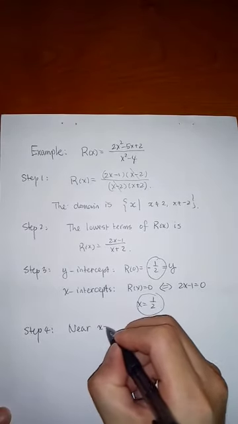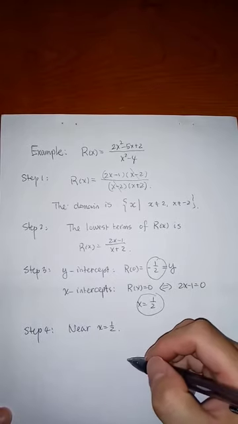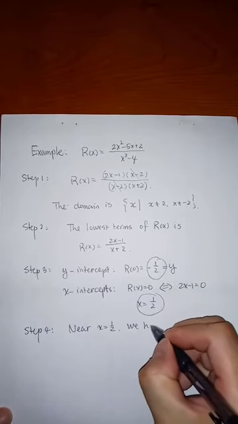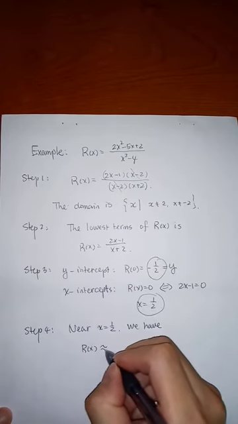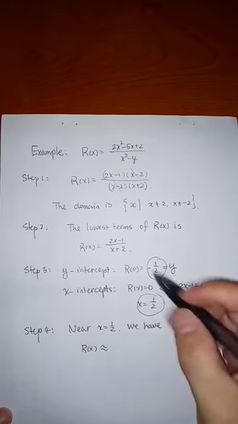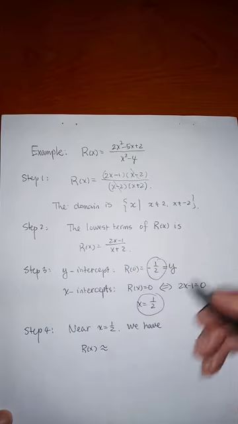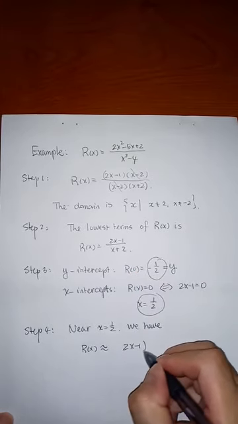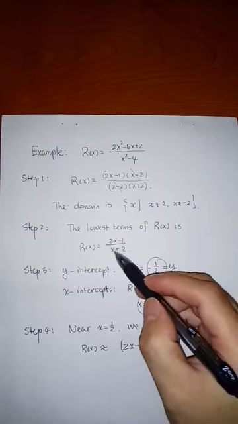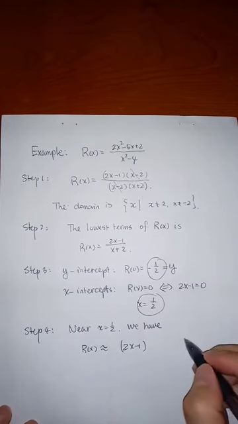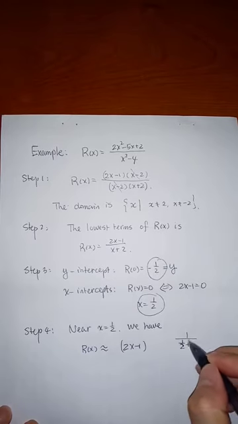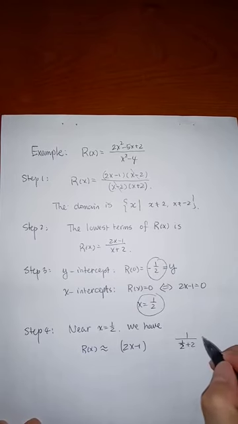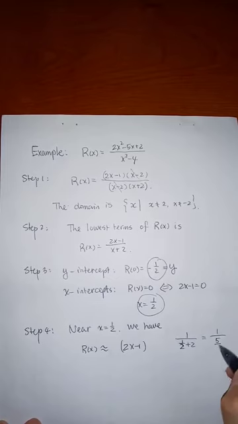Near x equal to 1 half, r of x is almost 2x minus 1 over x plus 2, where x is 1 half, so over 1 half plus 2. 1 half plus 2 is 5 over 2, so you flip it, it's 2 over 5.